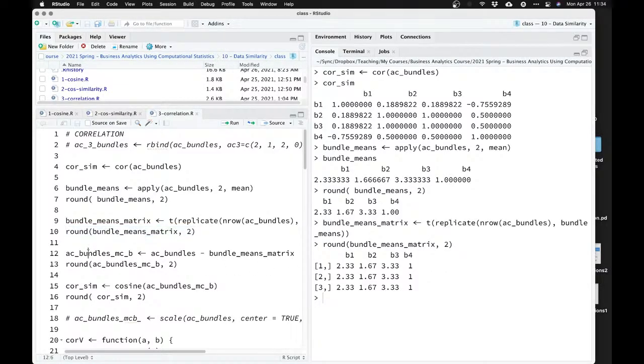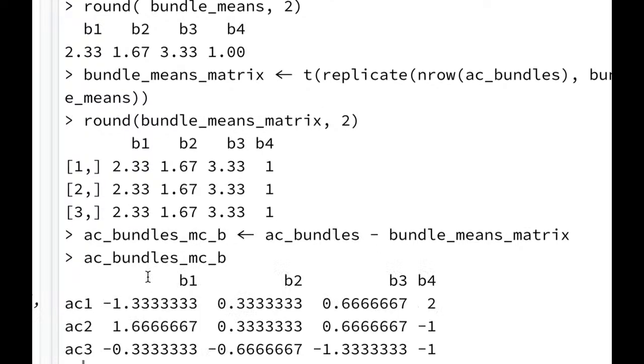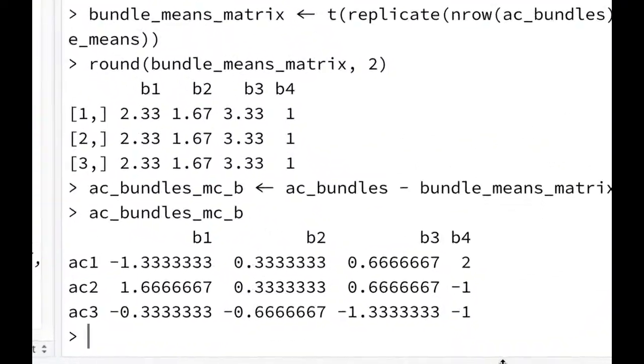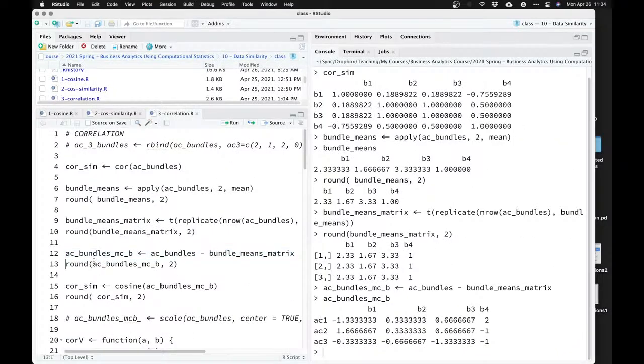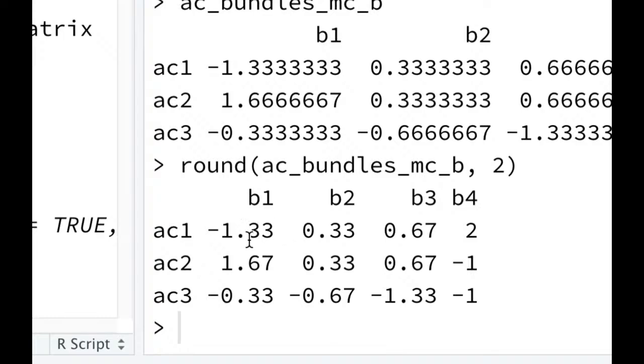Now to mean center all my data, all I have to do is take my original data and subtract from it the bundle means matrix. I'm subtracting the means from all the numbers, and this gives me a matrix. Let me round this off because this is very ugly. This gives me a matrix of mean-centered column vectors. Each column has had its mean subtracted from it.